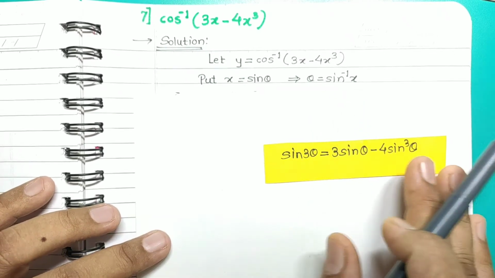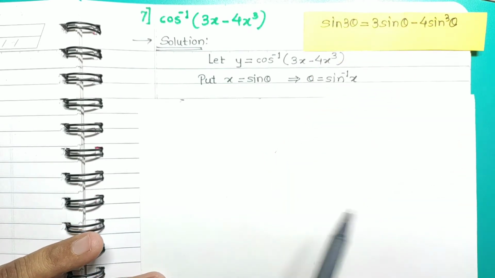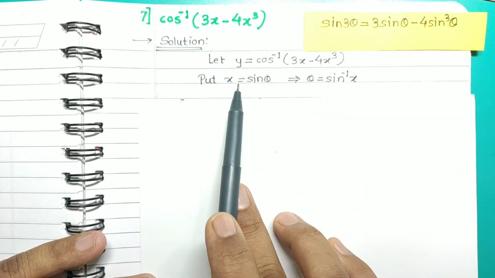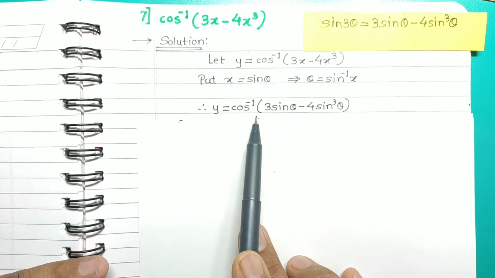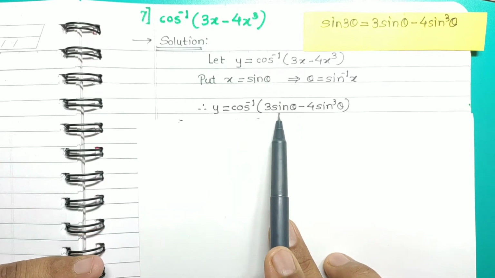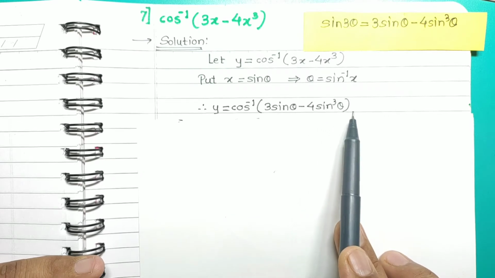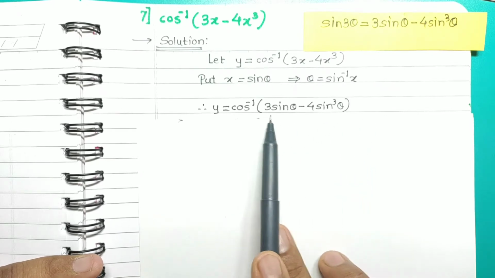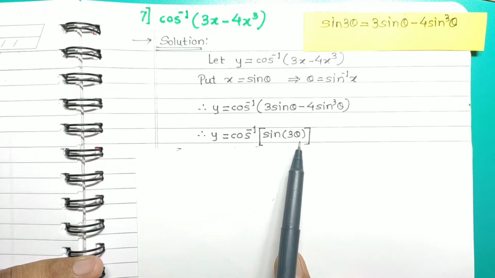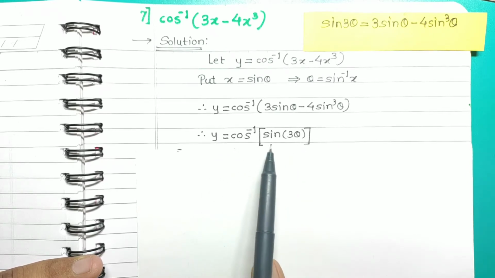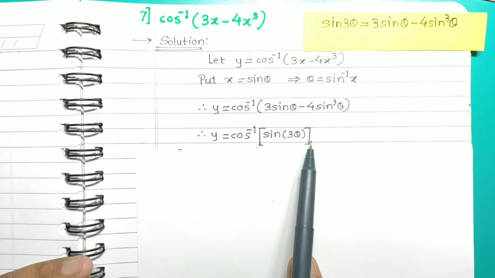Using this result we have decided to put x is equal to sine theta. So we have y is equal to cos inverse of 3 sine theta minus 4 sine cube theta, and this is the formula for sine 3 theta. So we have y is equal to cos inverse of sine 3 theta.